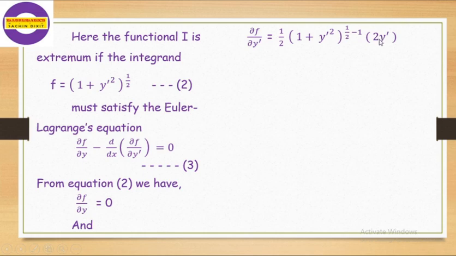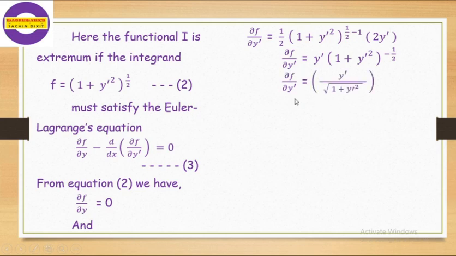Now simplify, this 2 and this 2 get cancelled out. We get ∂f/∂y' equals y' into (1 + y'^2) raised to minus half, because 1/2 minus 1 gives minus half. That is, ∂f/∂y' equals y' divided by the square root of 1 + y'^2.